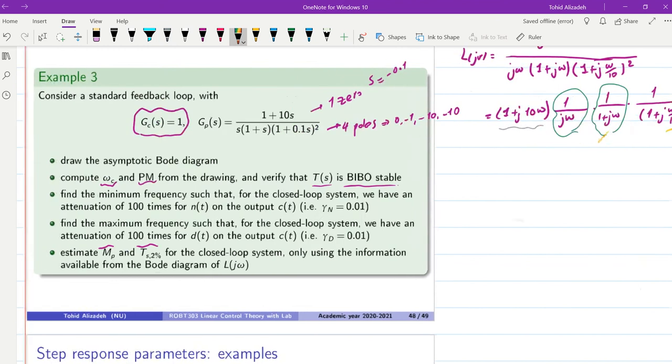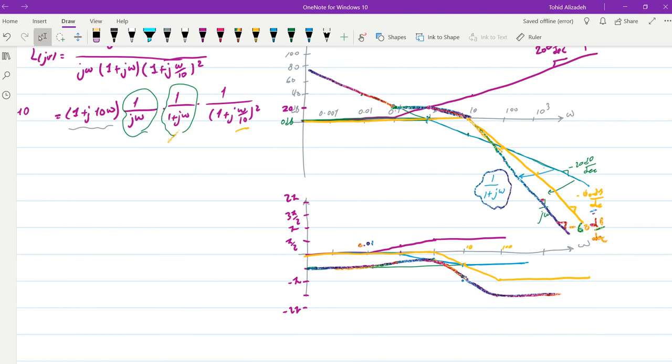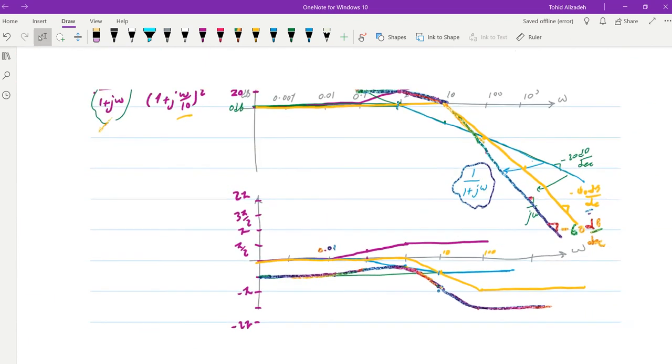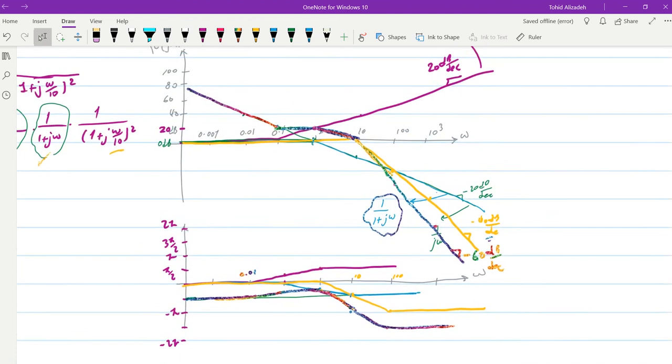Now, we need to compute omega c and phase margin from the drawing and verify that the closed loop system is stable. It will be a little bit tricky for this example because we haven't drawn it using the proper scaling.